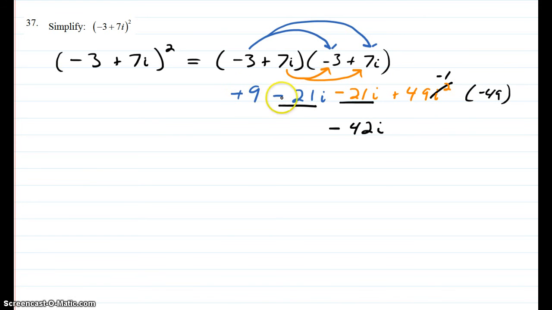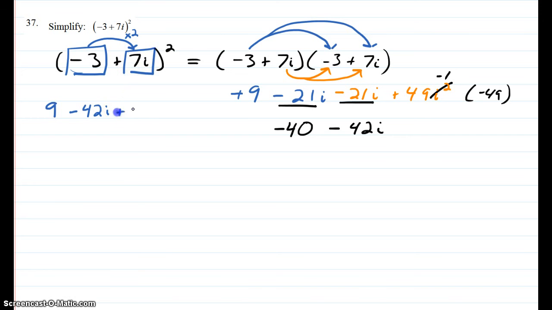So negative 49 and 9 gives us negative 40. Now, if you remember my shortcut, we square. So negative 3 squared is 9. We multiply and double. So negative 3 times 7 is negative 21, doubled is negative 42i, and then we square.